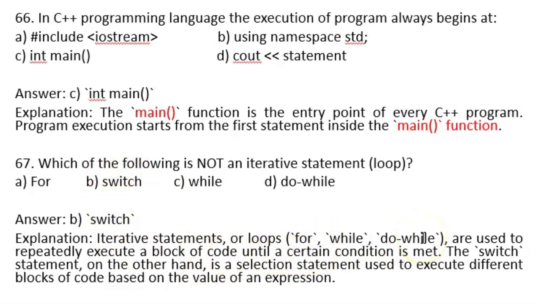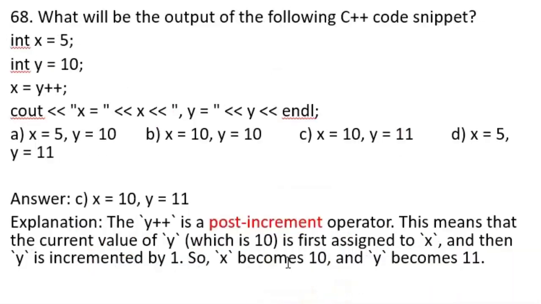Iterative statement loops, for, while, and do while, are used to repeatedly execute a block of code until a certain condition is met. The switch statement, on the other hand, is a selection statement used to execute different blocks of code based on the value of an expression.